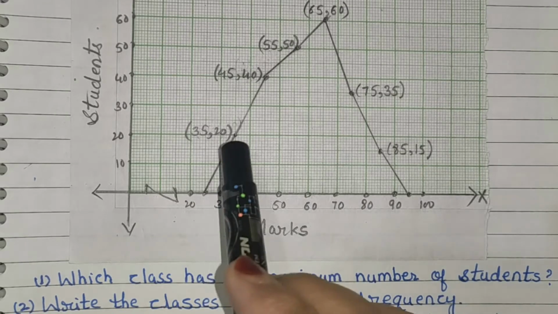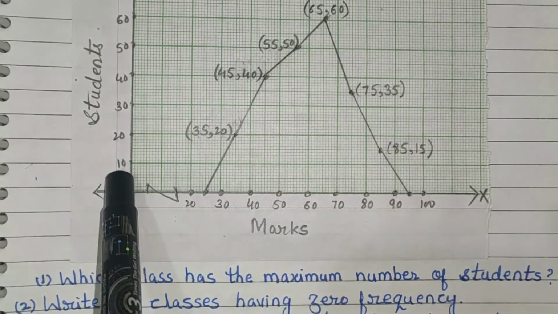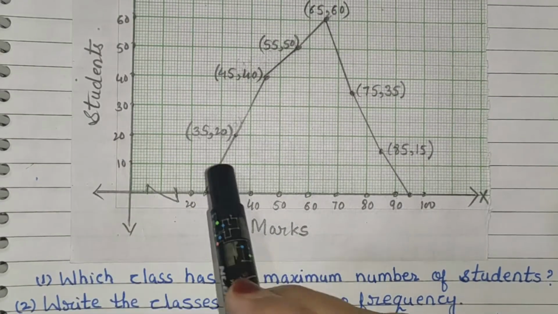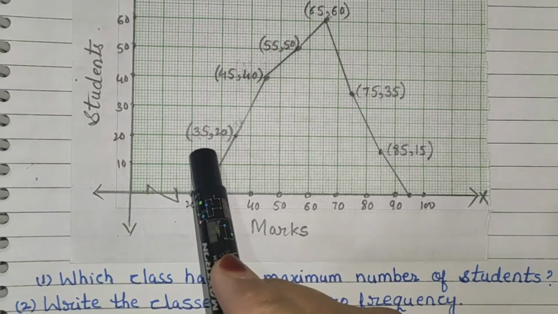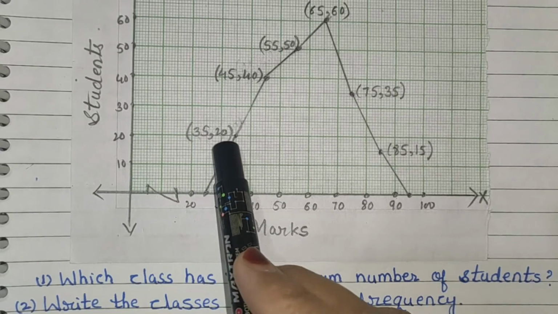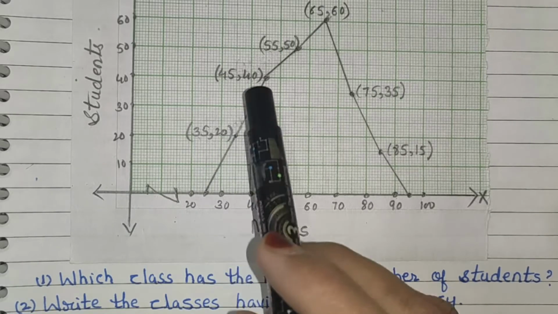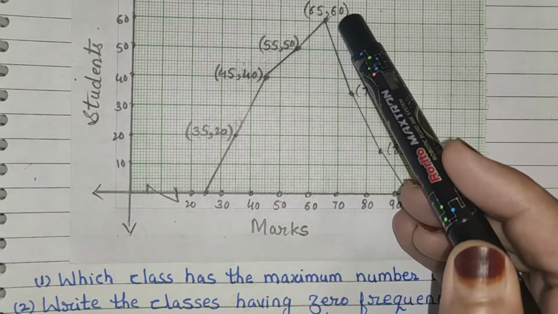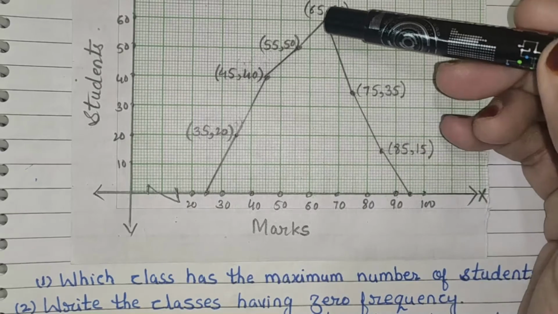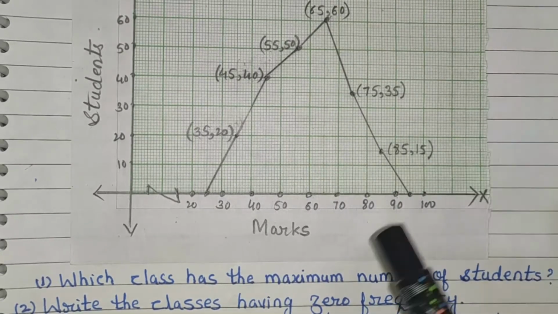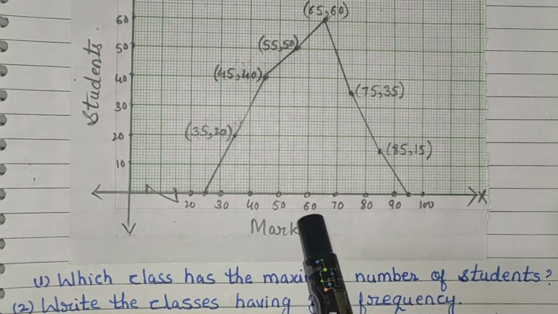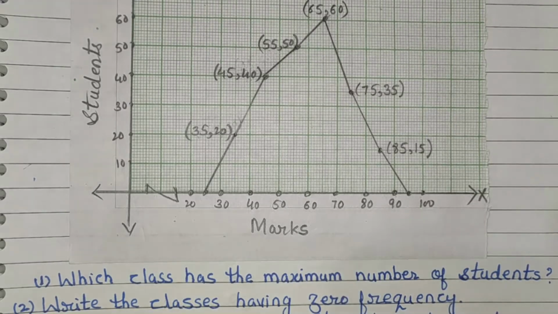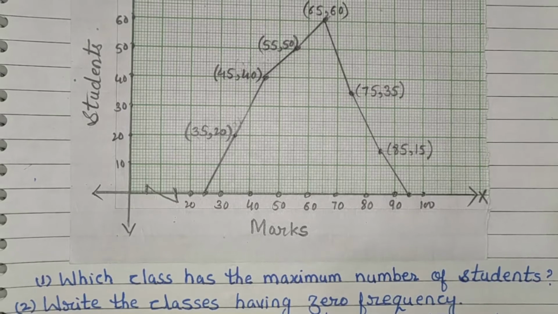Now look at here, y-axis contains the number of students. Now look at the points here. Y coordinate is the number of students, therefore 20, 40, 50, 60, 35 and 50. The highest number is 60 here. Therefore it includes in the class of 60 to 70. Therefore write down here the solution of first one.